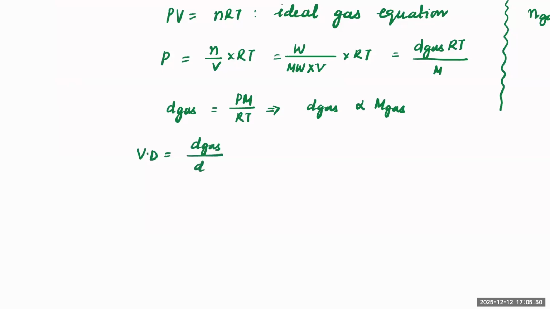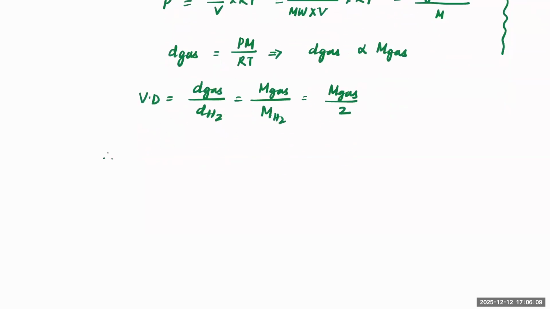Now, if I write what is vapor density, vapor density is density of a gas divided by density of hydrogen at constant temperature and pressure. So that means these terms will get cancelled. So it will become molar mass of a gas by molar mass of hydrogen. And molar mass of hydrogen is something which we know, that is 2. Therefore, vapor density is a relative density. For any gas, it is defined as molecular weight of that gas divided by 2.